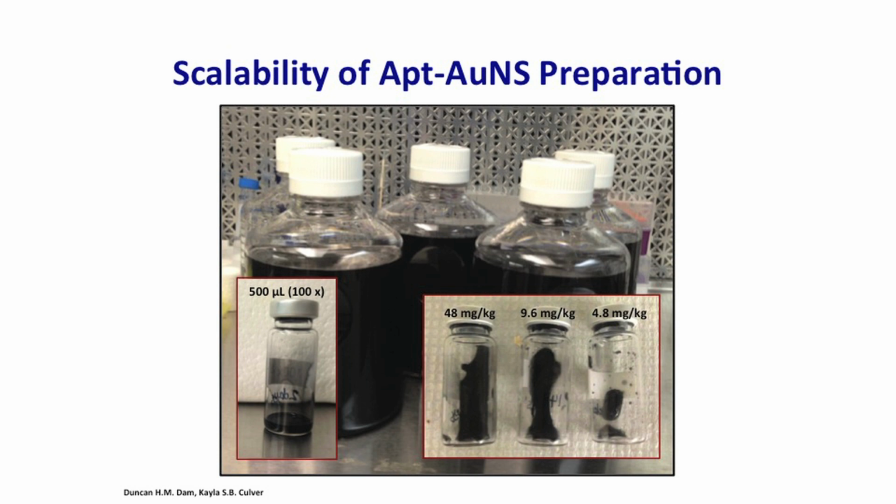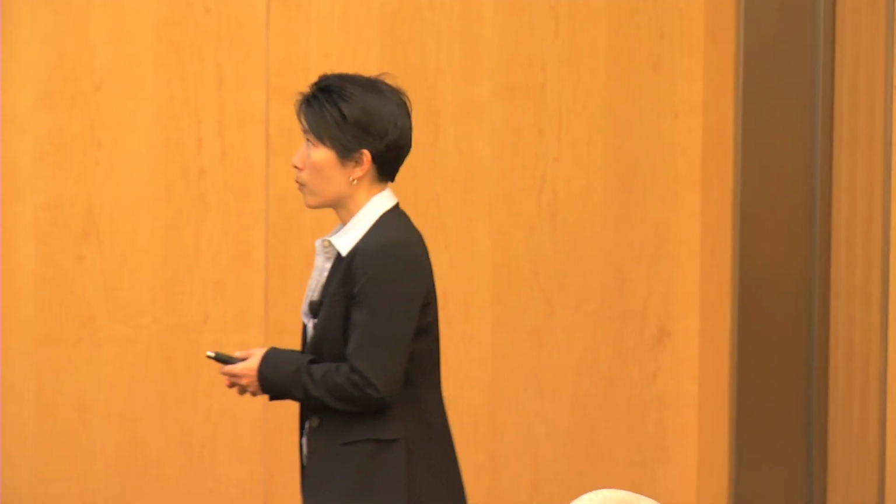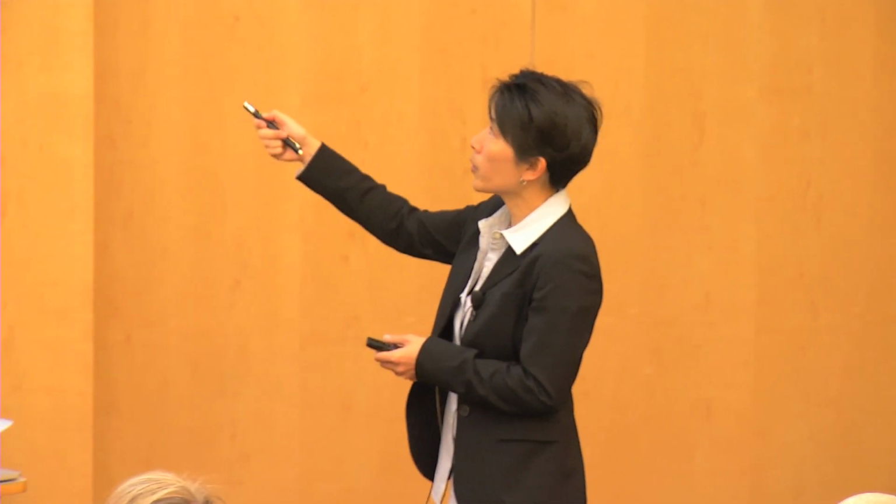And so we were looking at toxicity at these concentrations, 48 mg per kg, 9.6, and 4.8. I think we actually have 6 different ranges that we're interested in. So this is pretty high. Most of the time you don't have nanoparticles at this high concentration.